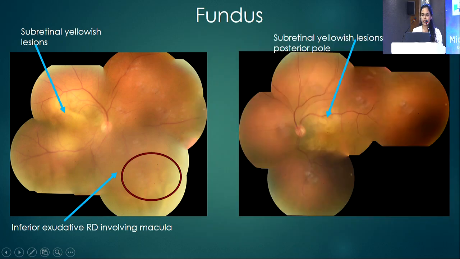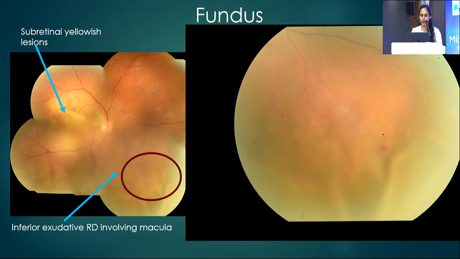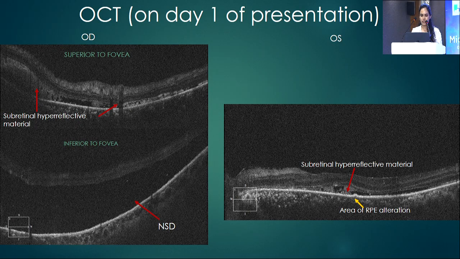The left eye showed subretinal yellowish lesions mainly concentrated at the posterior pole, but there was no exudative RD as such. The OCT on day 1 of presentation showed a lot of massive subretinal hyperreflective material and neurosensory detachment. In the left eye also, there were some areas of RPE alteration and subretinal hyperreflective material.